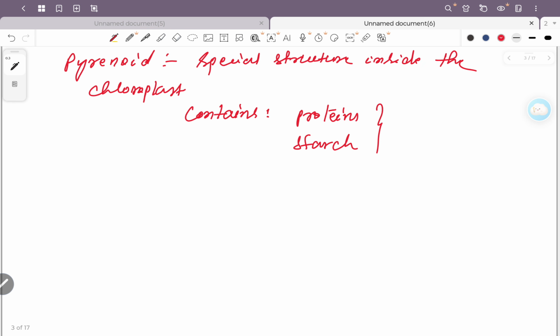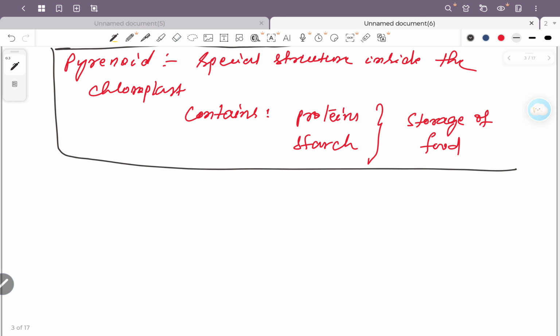So what is their function? Storage of food. I'm just highlighting this one. This pyrenoid is very, very important, children. This may come as your 2 marks question. Now this protein and starch are stored in the form of the pyrenoids.